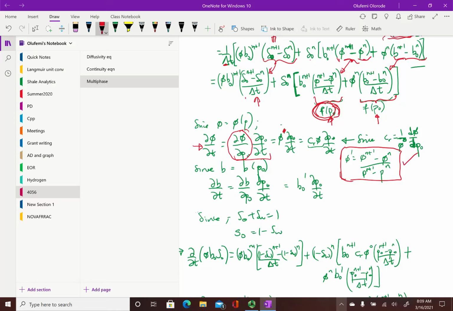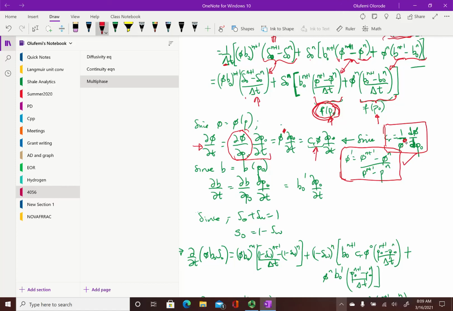For slightly compressible fluids, we will typically work with rock compressibility when the system is slightly compressible. And in that case, we use the definition for rock compressibility, which is actually given here. So 1 over phi dphi/dp. But this phi is a reference porosity, which doesn't change, right? And that's what is shown here.